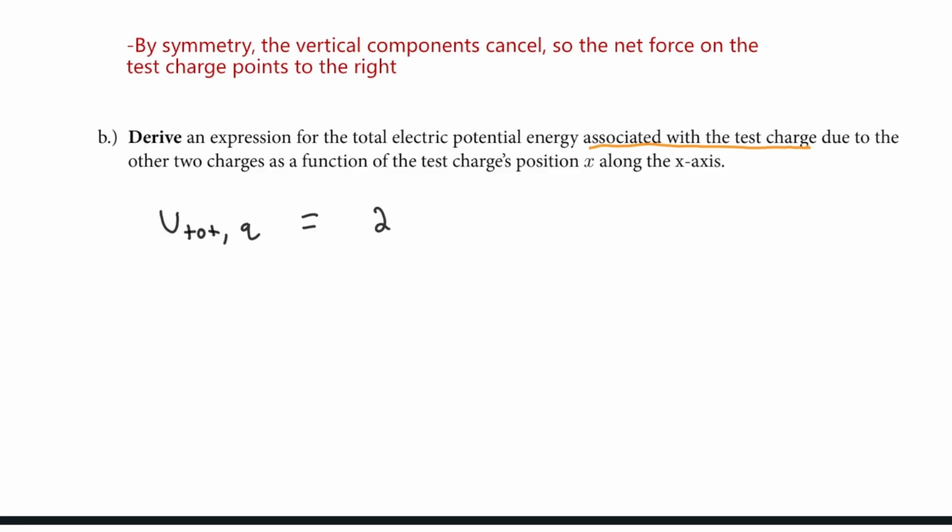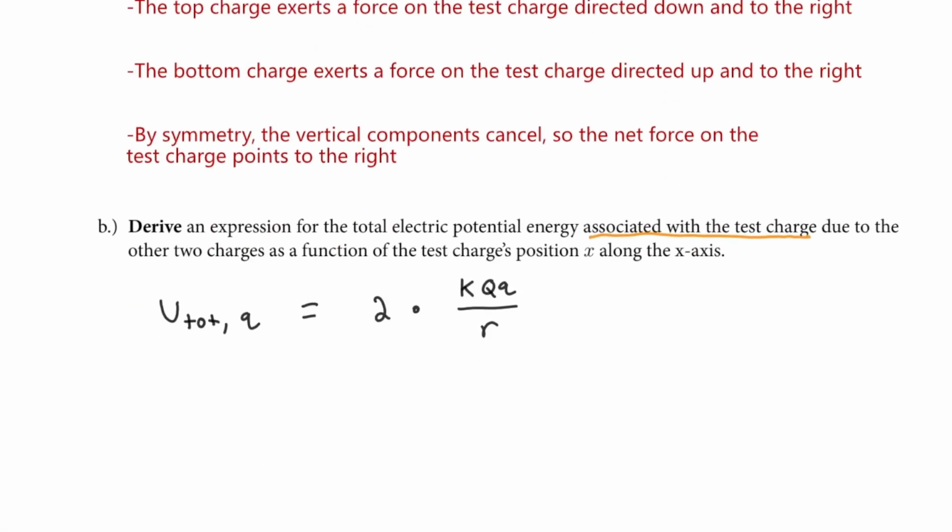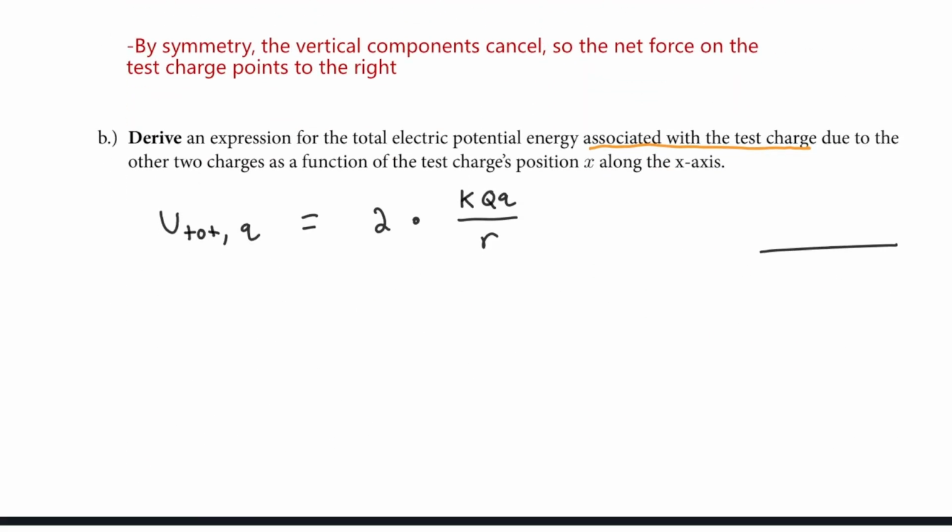So it's going to be 2 times kqq over r. But r is not a variable here. The only thing we were given is that it's a distance x along the axis. So we're given that this distance was x, this distance was a.